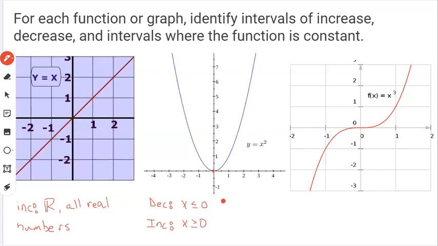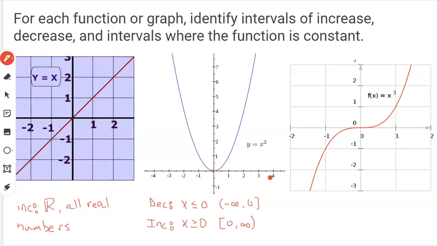Another way we can write this is from negative infinity to 0, and from 0 to positive infinity. Okay, so that's y equals x squared.